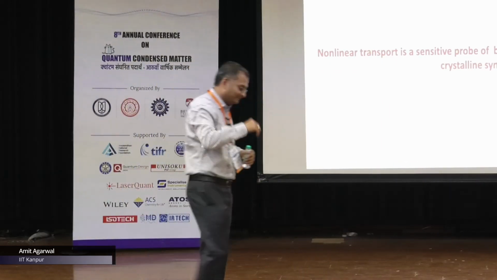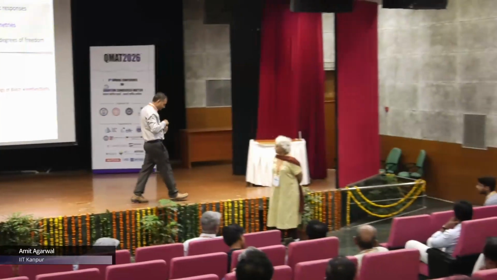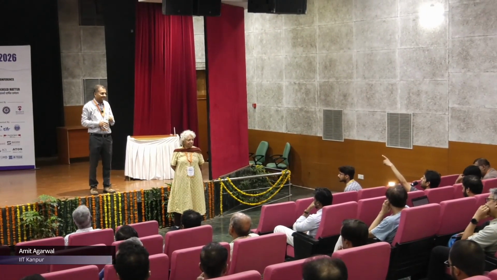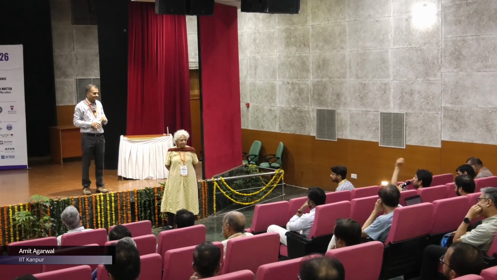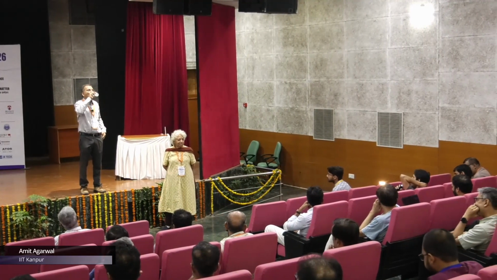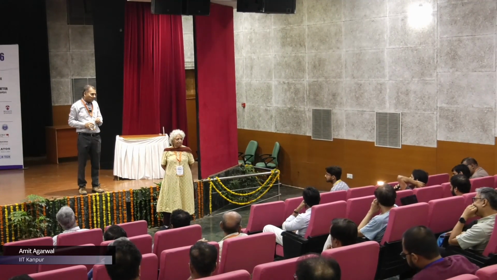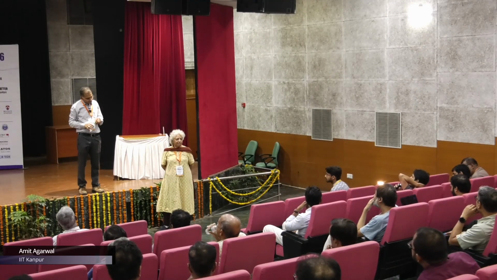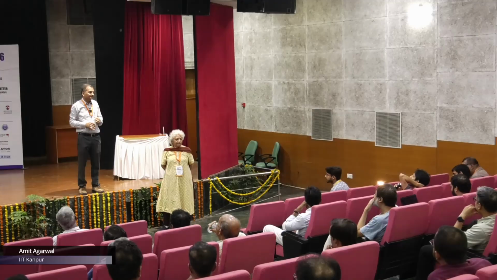Amit? Yeah, hi. In that slide just after the quantum kinetic equation, where you summarized the four possible contributions, of which the last one was yours, you made the comment that there is an intrinsic dissipative response which depends on the Fermi sea instead of the Fermi surface. How does one understand that?